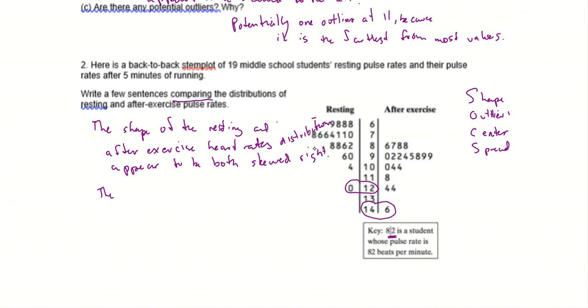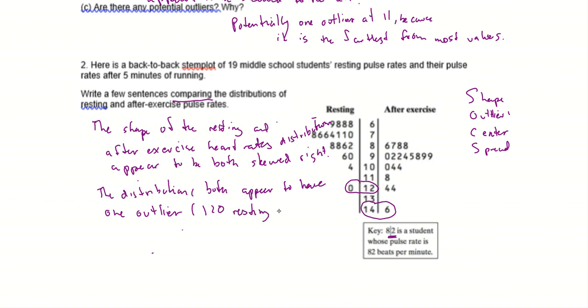The distributions both appear to have one outlier, and we will write that at 120 for resting and 146 for after exercise.